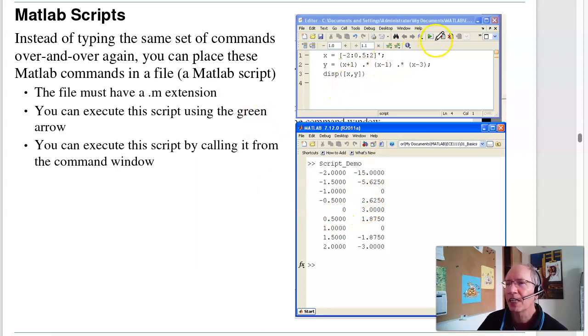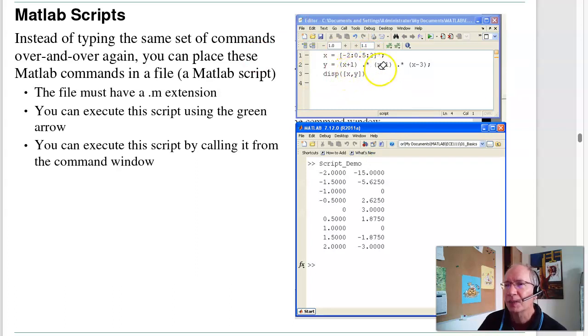I can then execute it with this green arrow, or for whatever I name the file, in this case I called it script demo, I can call that in the command window. When I call it, it's like I took this code and inserted it right there, and it ran it. So what this code does is it takes x, goes between minus 2 and plus 2.